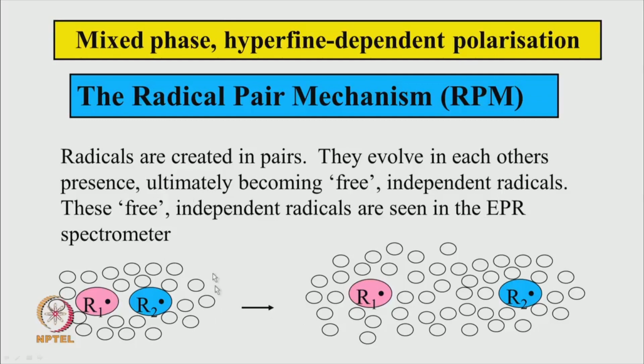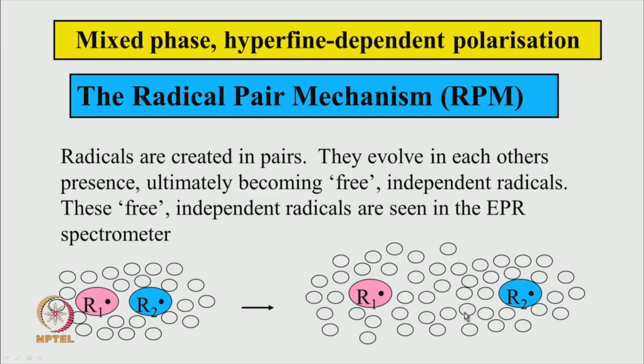What do I mean by that? The moment they are created, let us say in a solution, these two radicals are surrounded by the solvent molecules, and they are influencing each other when they are very close to each other. But after some time, once they go away from each other and each of them gets solvated, I call them free radicals, free from each other's presence, and the EPR spectrometer actually sees these radicals.